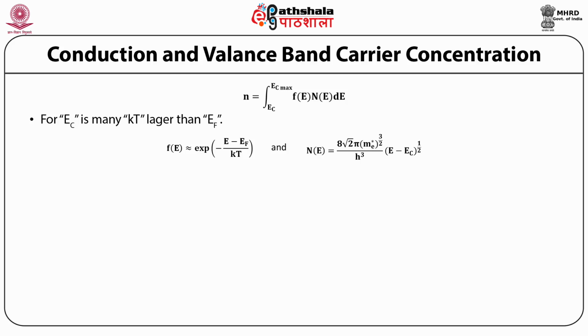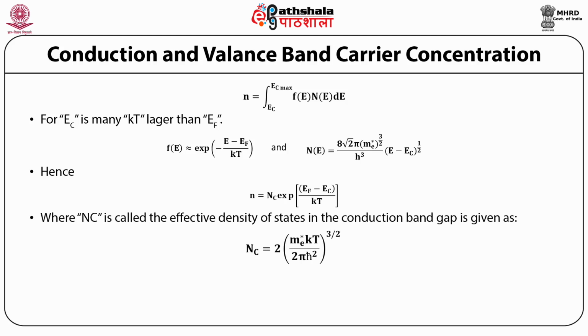After using the above equations and keeping the upper limit Ec max equal to infinity, we get the following expression for the electron density: n is equal to Nc exponential of (EF minus Ec) by kT, where Nc is called the effective density of states in the conduction band, and it is given by Nc equal to 2 (2 pi me star kT by h square) whole to the power of 3 by 2.